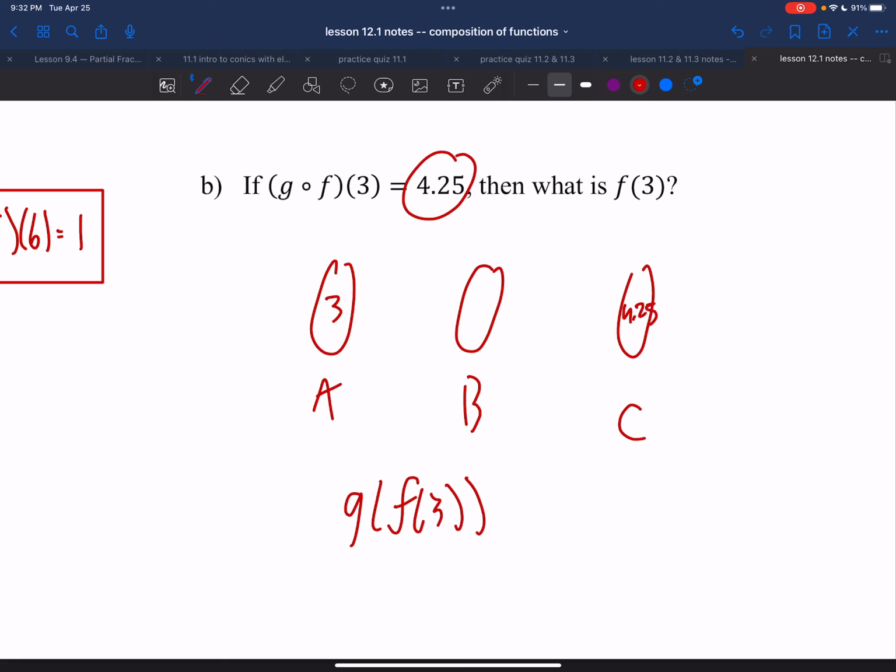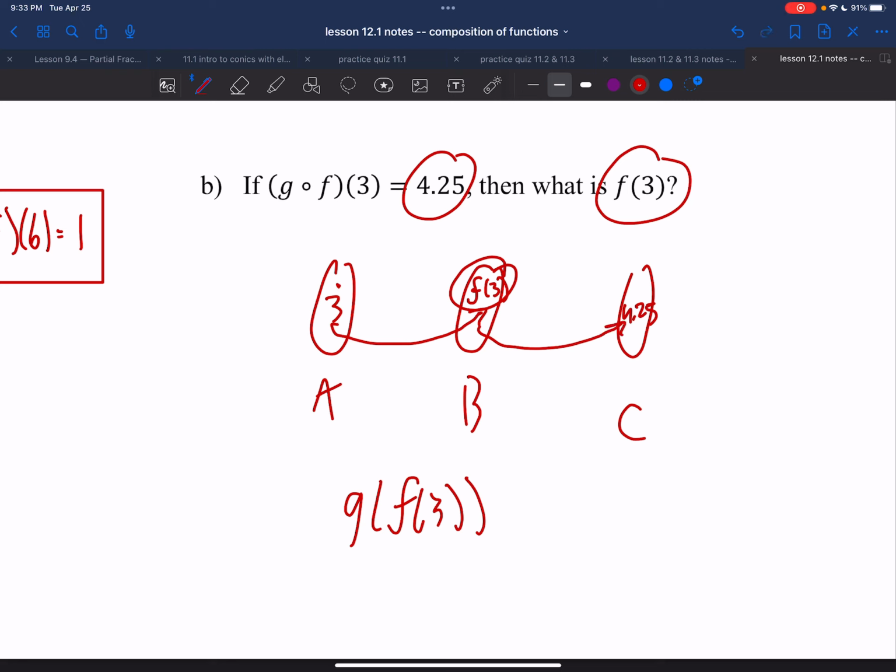So here's what's happening. 3 is getting mapped to some value in B, and that value in B is f of 3. Whatever this number is, f of 3. And then that output is getting mapped from the set B to the set C, which is 4.25.